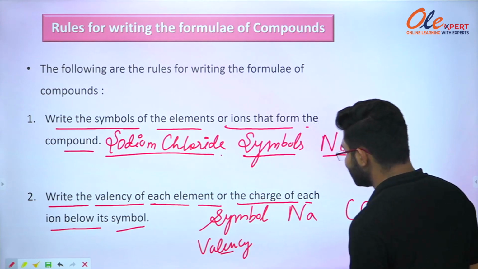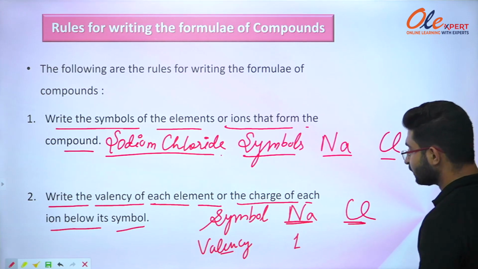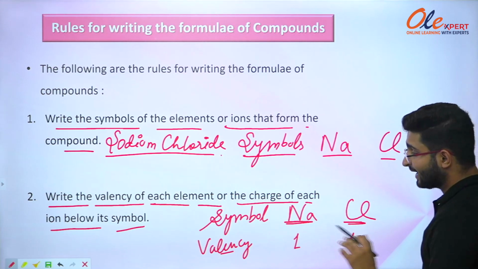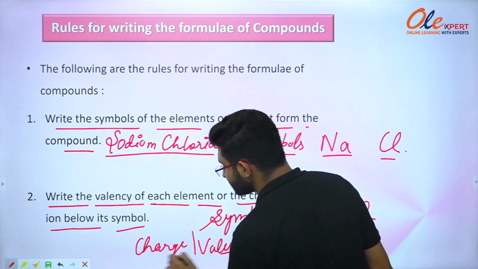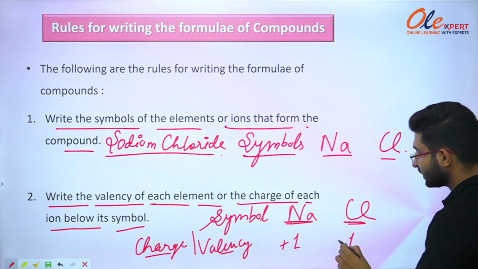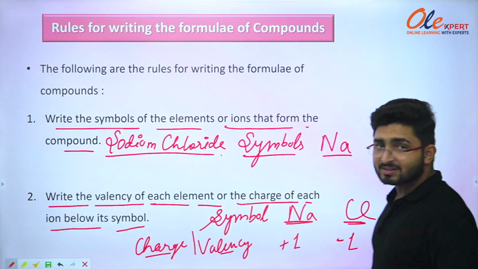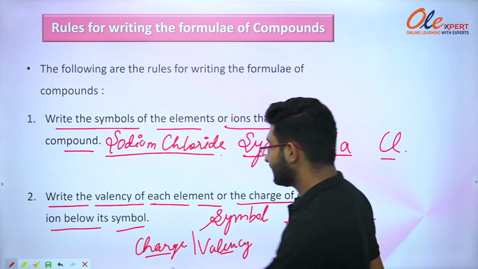The valency for sodium is 1 and the valency for chlorine is also 1. If we consider the ions, then the charge for sodium is +1 and the charge for chlorine is -1. So this is the second rule. Now let's see the third rule.